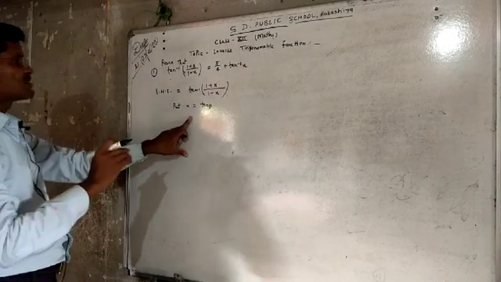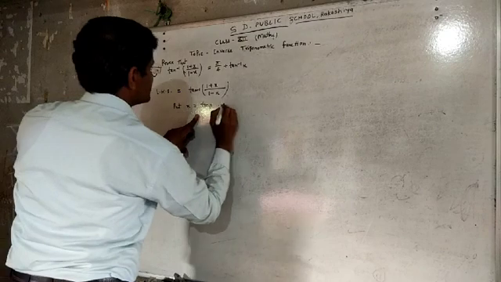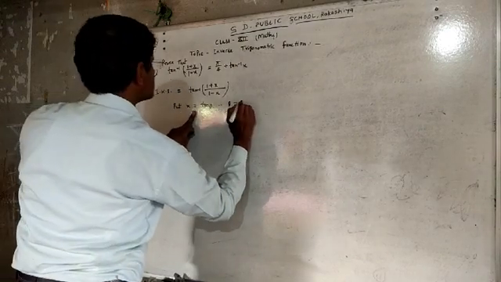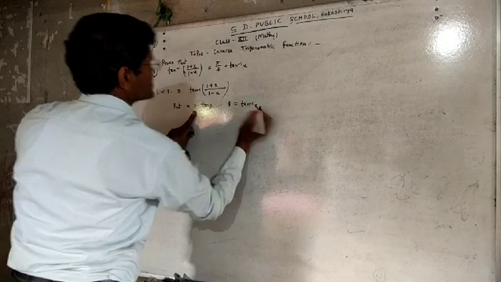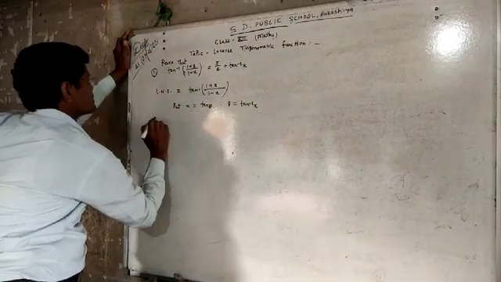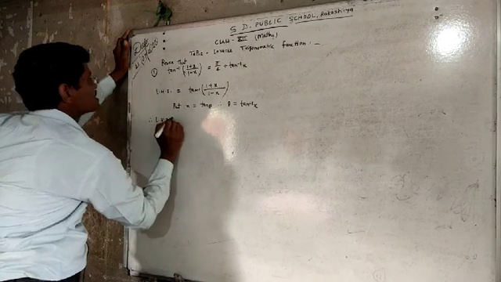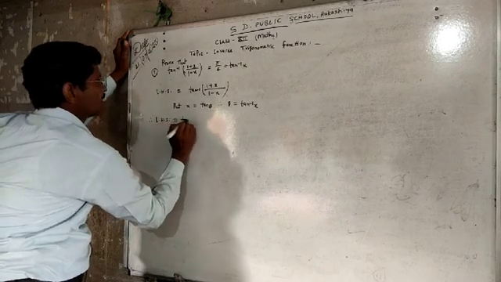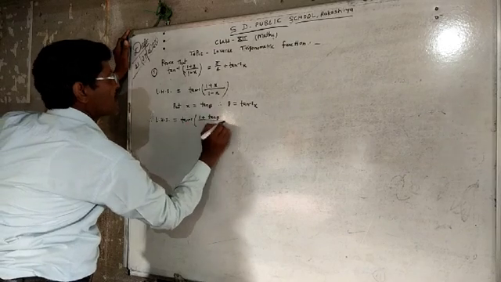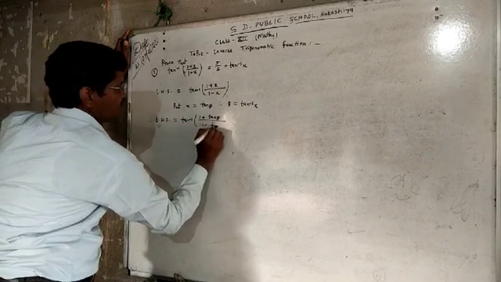If x equal to tan theta, then the value of theta we get is tan inverse x. Therefore, LHS becomes tan inverse (1 plus tan theta upon 1 minus tan theta).